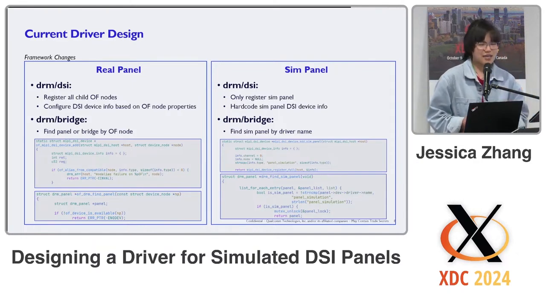If the SimPanel module is enabled, instead of going through each child DT node, the DSI host will register the sim panel as the sole DSI device for that host. And it'll just hardcode the sim panel information instead of grabbing it from the OF node. And for the bridge framework, instead of finding the panel or bridge via an OF node, we'll just find it by the driver name.